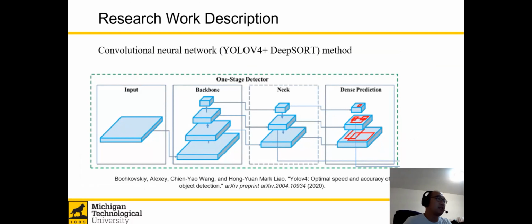So we want to develop another CNN method, which we call the YOLOv4 and DeepSORT method, to help distinguish the wide base tire trucks. YOLOv4 is a one-stage object detection model developed from YOLOv3, and this structure is from the paper shown below. The main steps of YOLOv4 include the input layer, backbone, neck, and dense prediction.